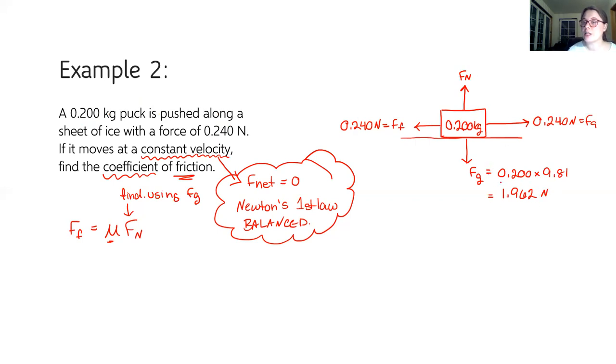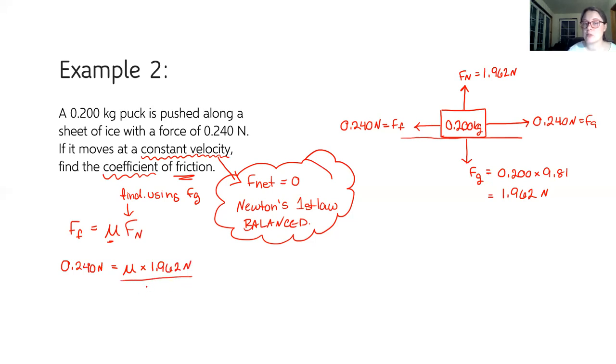Now, if gravity is pulling downwards on the ice with 1.962 newtons and it's balanced, that means the normal force is 1.962 newtons, because there are no other forces on it that are up or down. So now we come back to our equation and substitute. 0.240 newtons is the force of friction, equal to the coefficient of friction times our normal force of 1.962 newtons.